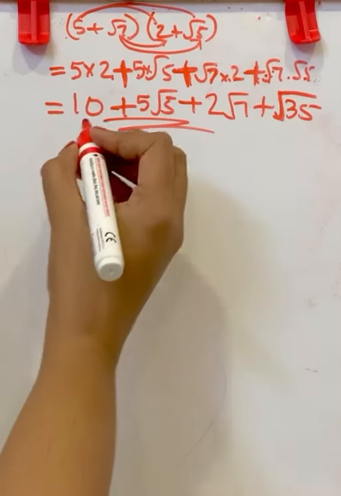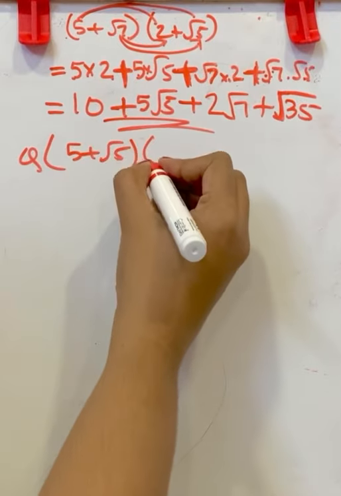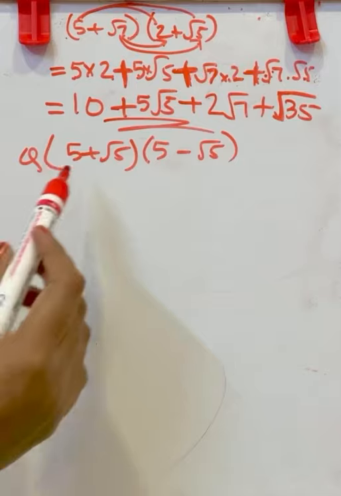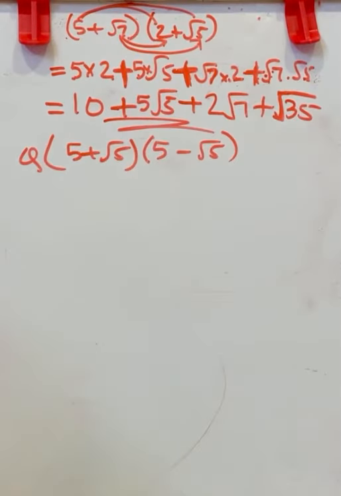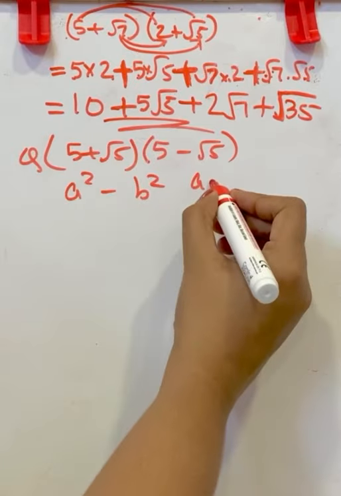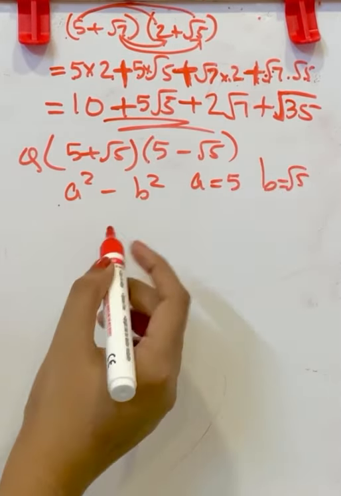Next question. (5 + √5) into (5 − √5). This is actually the (a + b) into (a − b) identity. That is a square minus b square. Here a is 5, b is √5. What is a square minus b square?